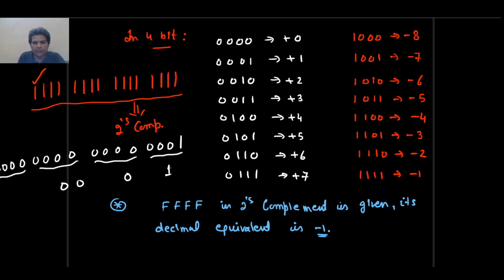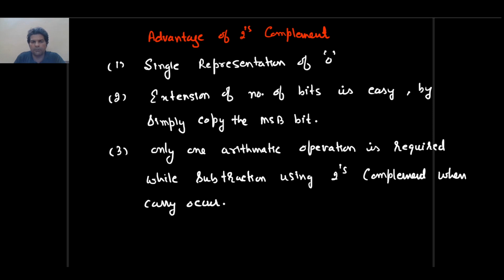So finally this is 1, and if this number is 1, then the original number is minus 1. Clear? So a negative number is represented by taking the 2's complement of the corresponding positive number.